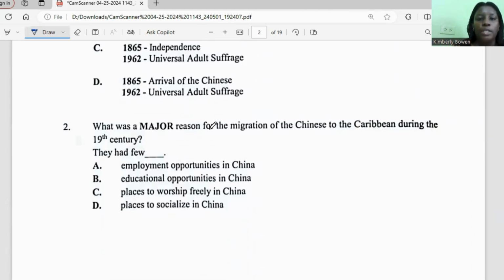What was a major reason for the migration of the Chinese to the Caribbean during the 19th century? They had few employment opportunities in China.